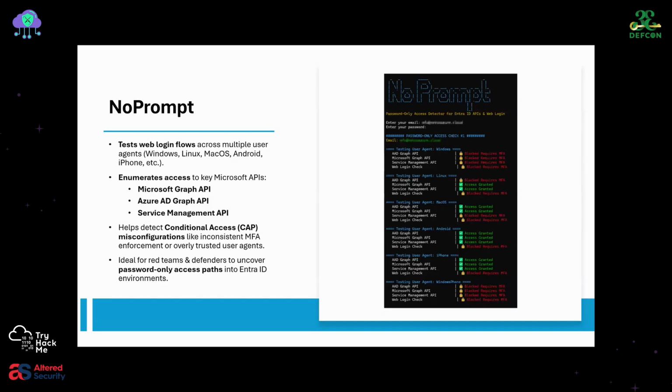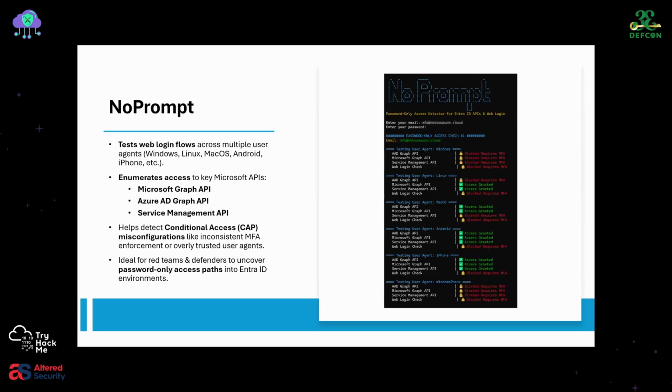Not only that, via the Chromium driver, we have added some functionality to tell you whether the web login is accessible by single factor access or not. It will simulate the behavior that the request is coming from these devices and is requesting these APIs or logging in via the web portal. Based on that, it will tell you whether the access is enabled or not.